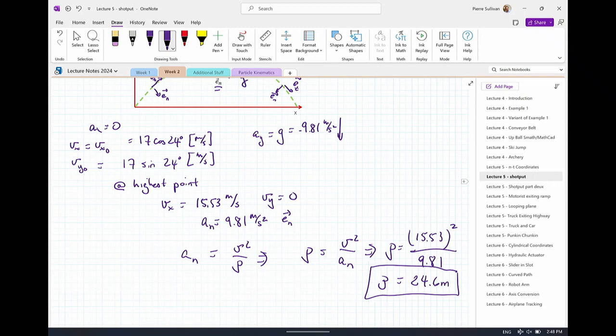So v squared is 15.53 meters per second, and gravity is 9.81 meters per second squared. Now, if the normal was pointing upward, and acceleration was pointing downward, then this would be a negative 24.6.